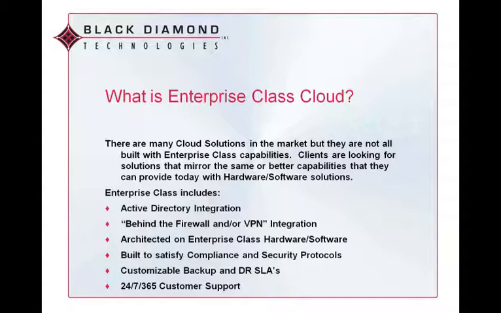We expect that cloud providers are building on those types of capabilities. It's built to satisfy any compliance and or security protocols, whether that's financial or HIPAA or any of those capabilities. Those are out there and they're available. Obviously, not every solution provider has them, but that's part of the challenge, is making sure you know that you're looking at the right enterprise class capability.